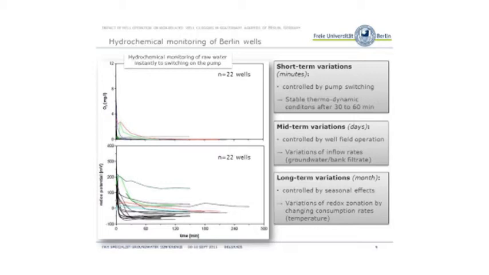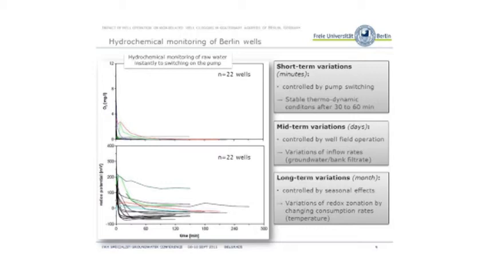There are only a few wells which are showing oxygen after half an hour, but it could also be that there is some damage in the construction of the well itself. And if we take a look at the redox potential, we see that we have stable conditions after nearly 30 minutes or 1 hour.